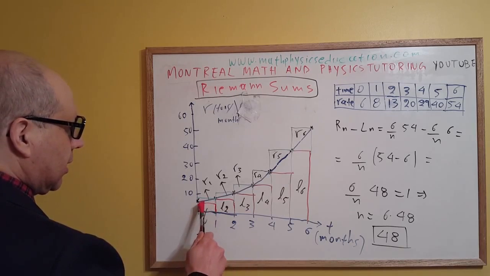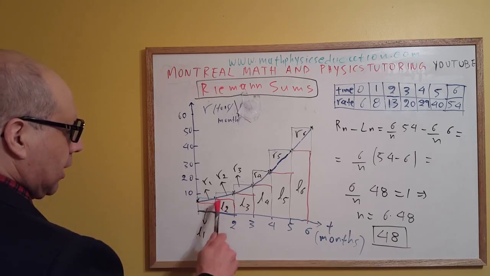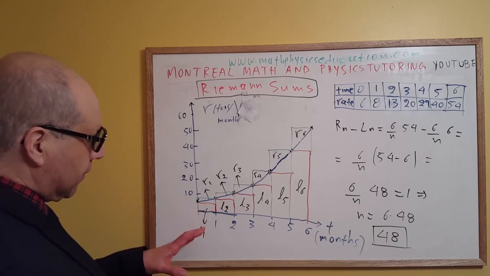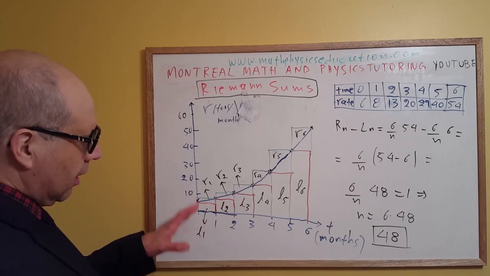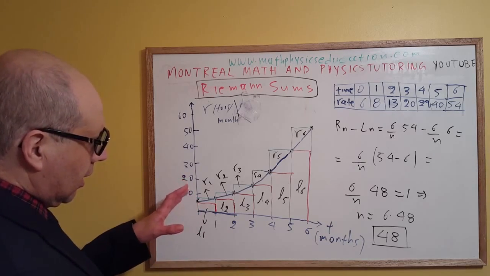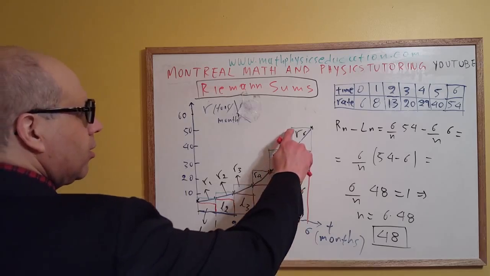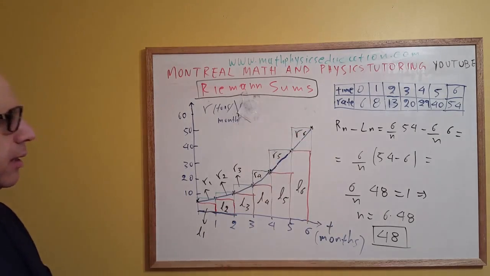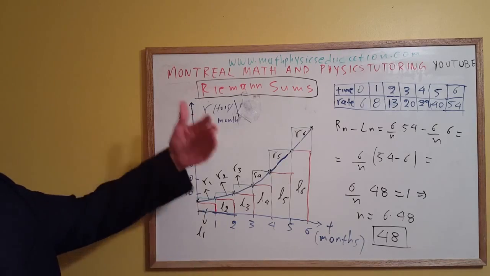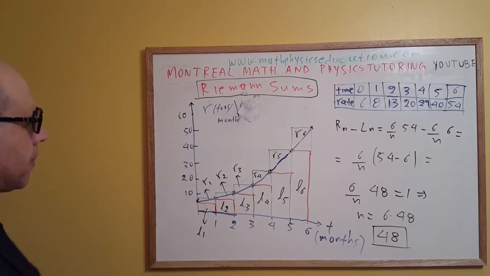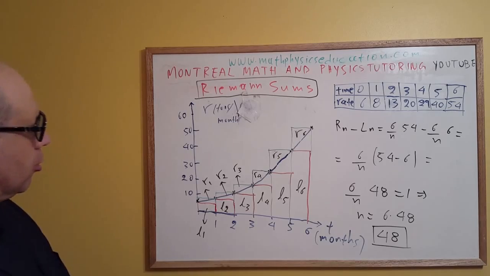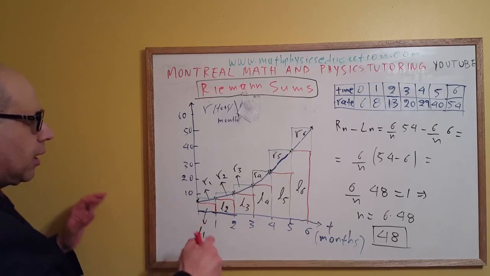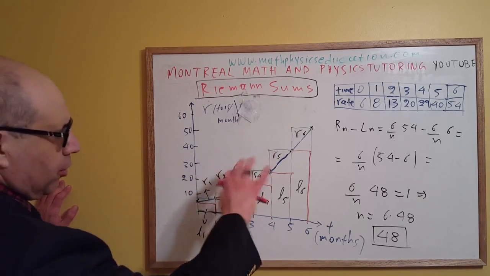The ones with a red line are the left-hand rectangles, and the ones in green are the right endpoint rectangles.